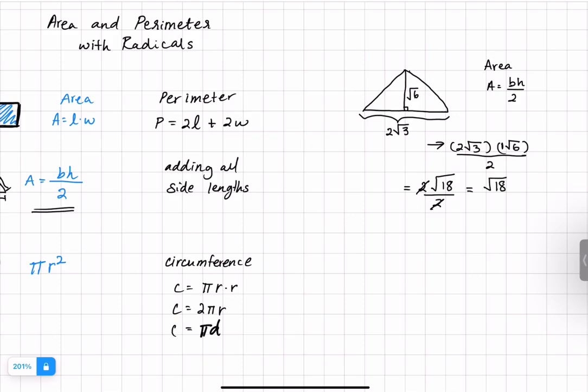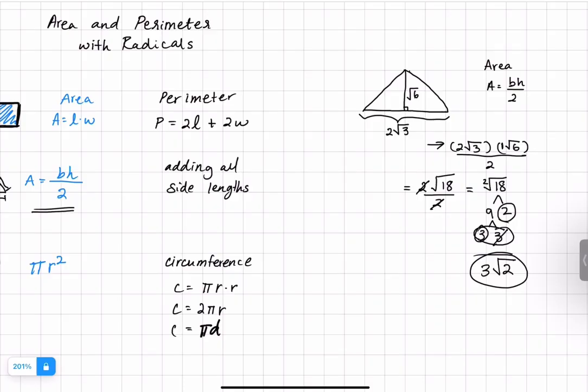And we're left with root 18. Root 18 can be simplified further into 9 times 2, and this would be 3 times 3. Since there's a 2 here, we group by 2, cancel, put this 3 on the outside, the lone 2 on the inside, and we come up with this as our final answer. So the area of our triangle is 3 root 2.